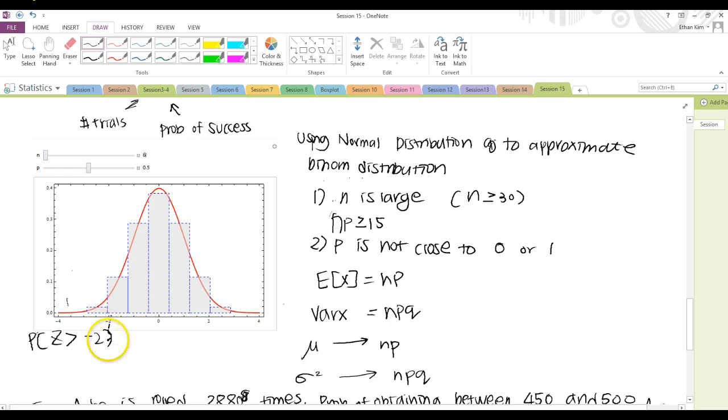If you're looking at the graph, you might notice that if we're doing z greater than -2, we're just doing this part, from all the way here to the end.